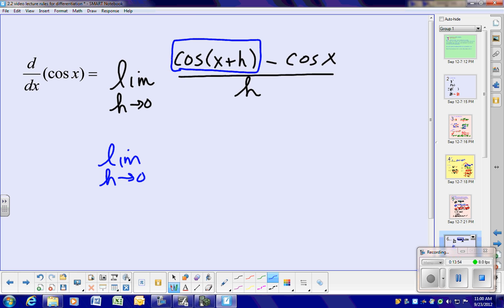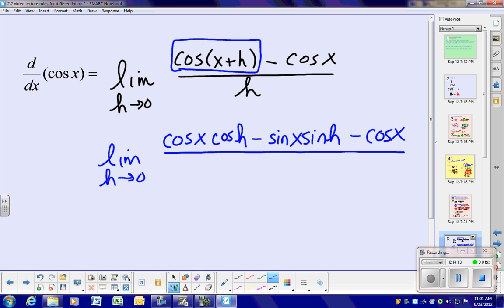It's the one that goes cosine, cosine, sine, sine. So it's cosine x cosine h minus sine x sine h. And then the subtracting of cosine just follows, and I've got an h down here.